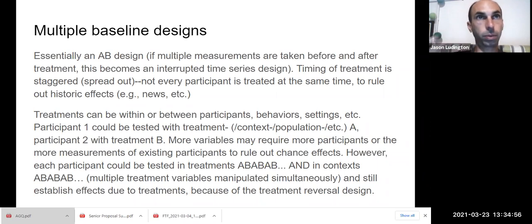And you can come up with pretty valid conclusions based on your interpretation of the data that you collect in these single subject treatment reversal design studies.